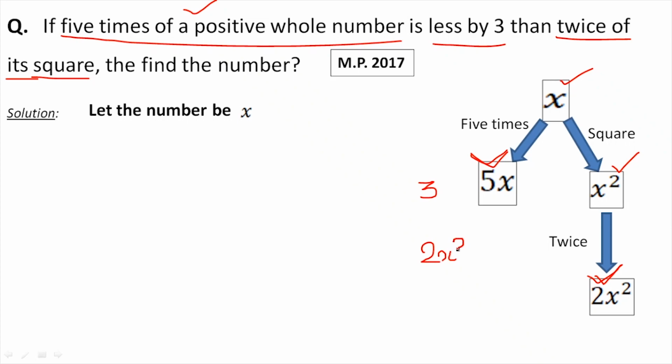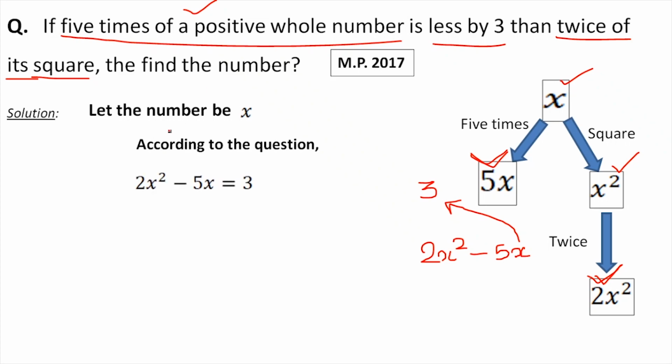When we subtract a smaller number from a greater number, the difference will be 3. The question says 5 times a positive whole number is less by 3 than twice its square. So according to the question, we get 2x square minus 5x is equal to 3.